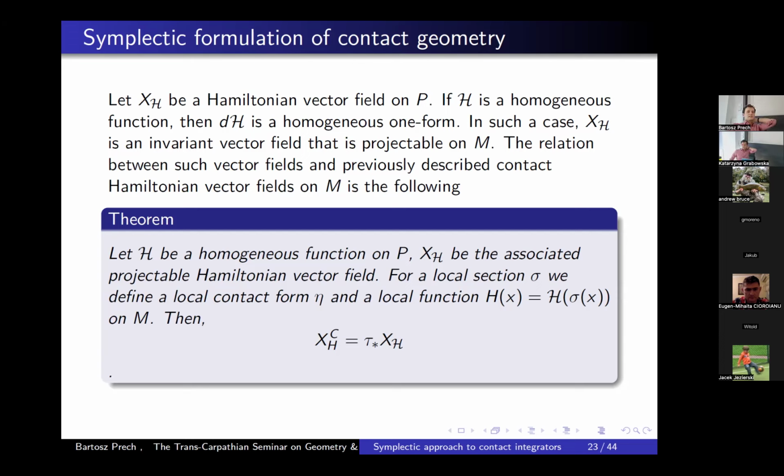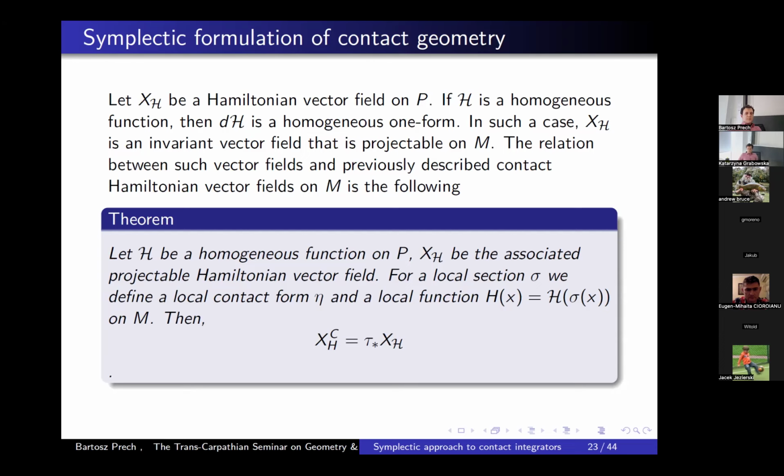So that is summarized in this theorem: if we take a homogeneous function and associate a Hamiltonian vector field, then it will be projectable, and it will project exactly onto the contact Hamiltonian vector field.